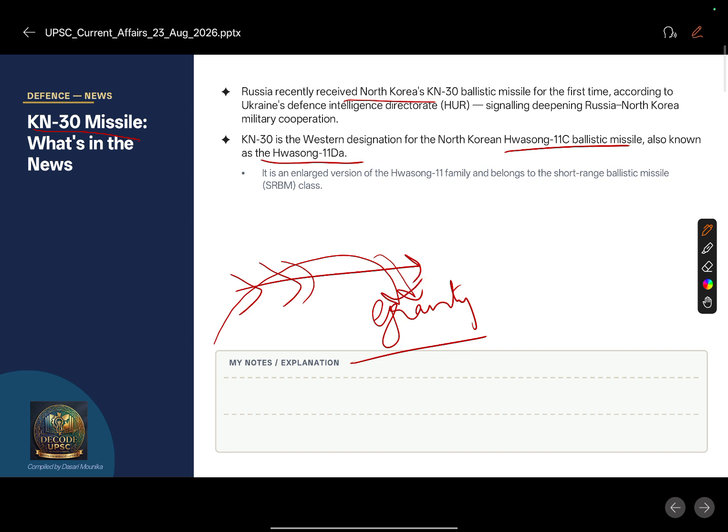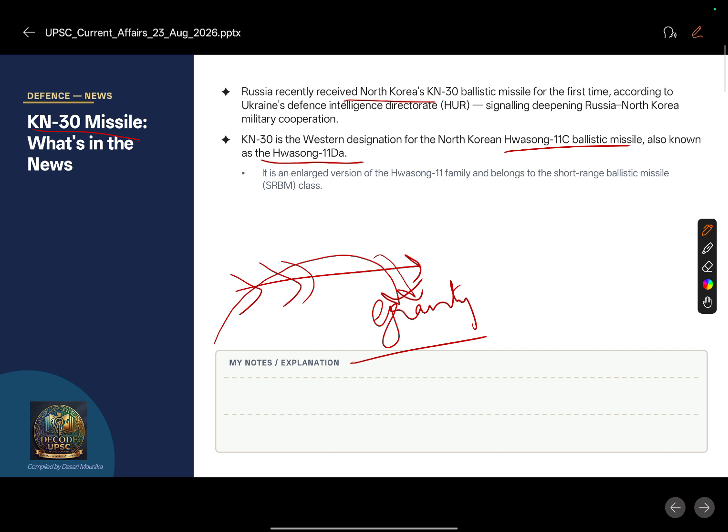Clear? Now UPSC may ask a simple missile classification. KN-30, Hwasong-11C is a short range ballistic missile. This is the first important prelims fact. Coming to technical features, the missile uses a solid fuel engine and is launched from a mobile ground based launcher.